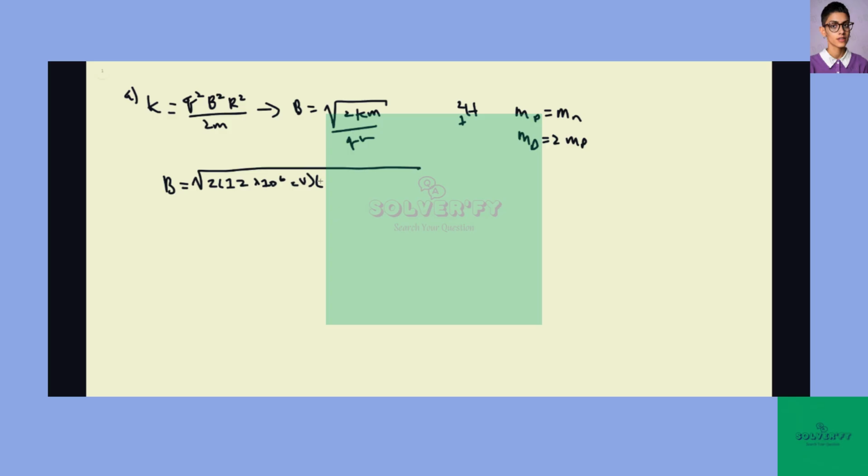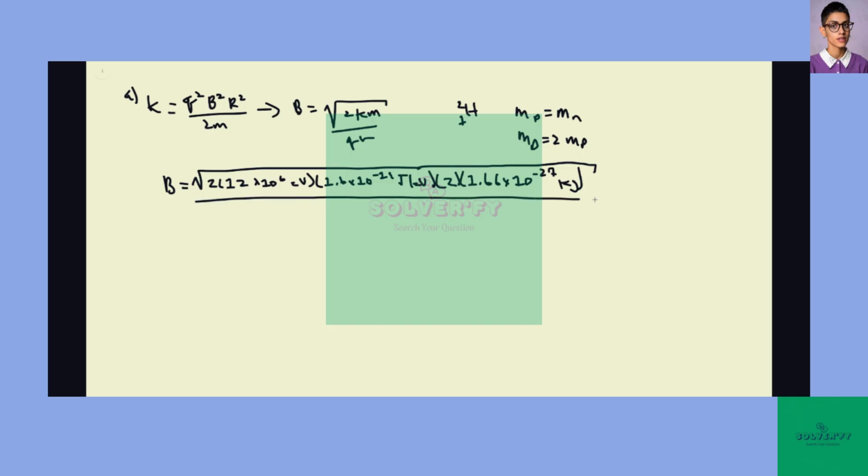So 10 to the 6th times 1.60 times 10 to the minus 19 joules per electron volt, times 2 times the mass of the proton, which is 1.66 times 10 to the minus 27 kilograms, divided by the charge, which is the charge of a proton, 1.60 times 10 to the minus 19 coulombs, times the radius of the ring, which is 1.0 meters.